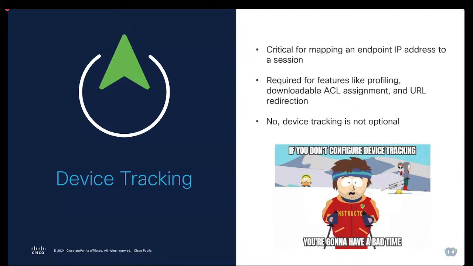ISE was sending back the correct authorization profile, but none of the clients were getting the redirection for posture. When we checked the switch config, they had no device tracking configured. As soon as we enabled device tracking and assigned it, everything flowed as it should. And like it says at the bottom, no, device tracking is not optional.